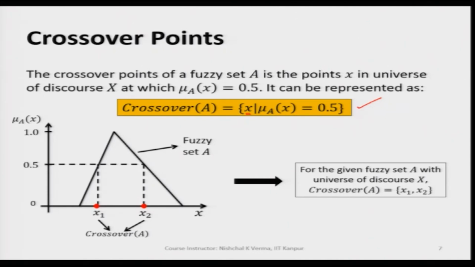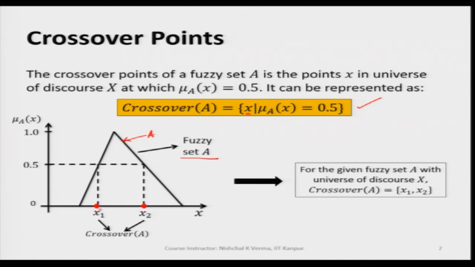So, if we take an example here to understand the crossover of a fuzzy set A. We have a fuzzy set A, and we try to find the point corresponding to which the membership value is 0.5.